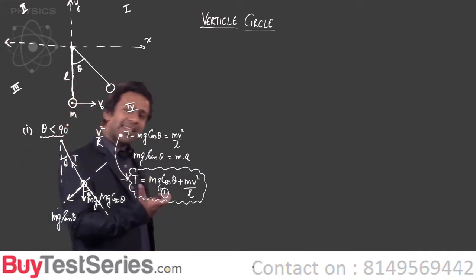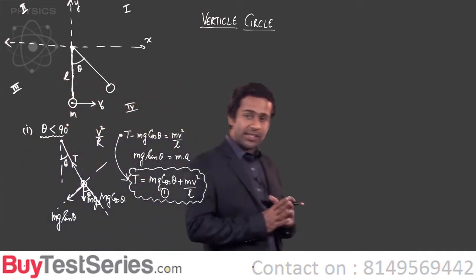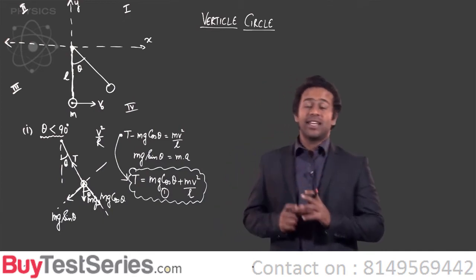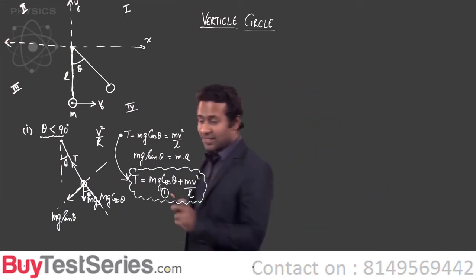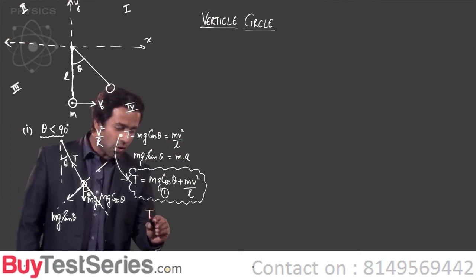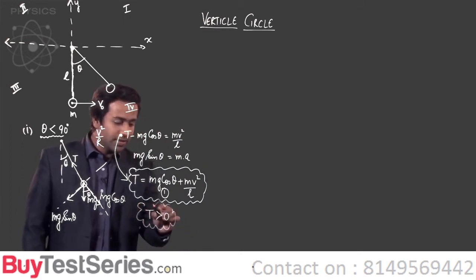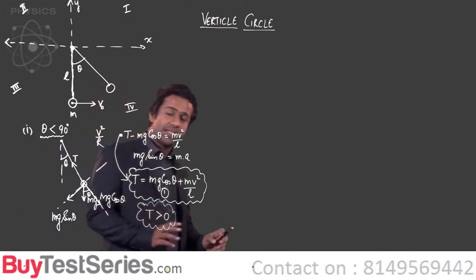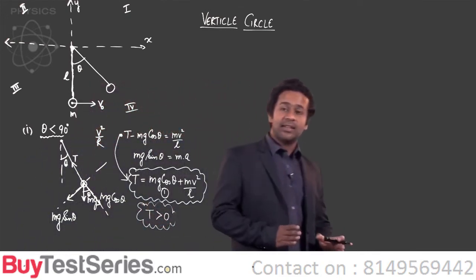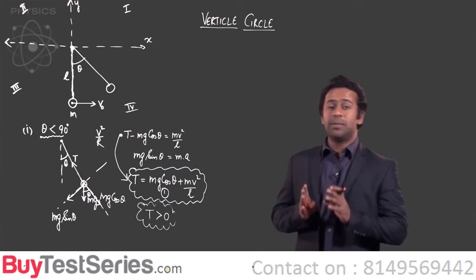So for small oscillations, tension can never be 0. This is the key idea here: for small oscillations, tension will always be greater than 0.